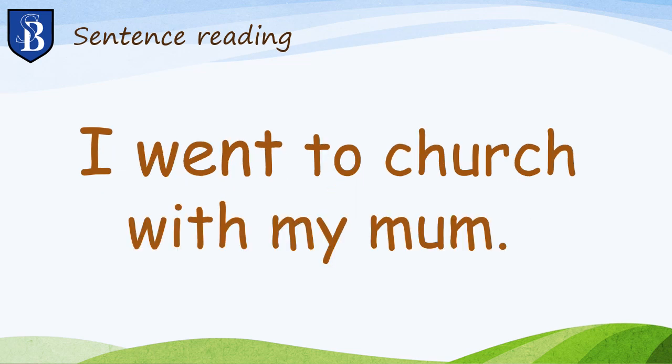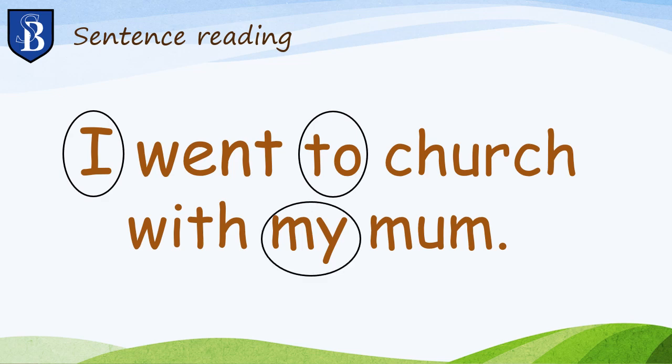Let's try another sentence. Are there any photo words that we can read by sight in this sentence? I think I can see 3. Well done if you pointed to I, to and my. Already we've got 3 words in this sentence. Let's see if we can segment and blend the rest of the words and then read the whole sentence together.